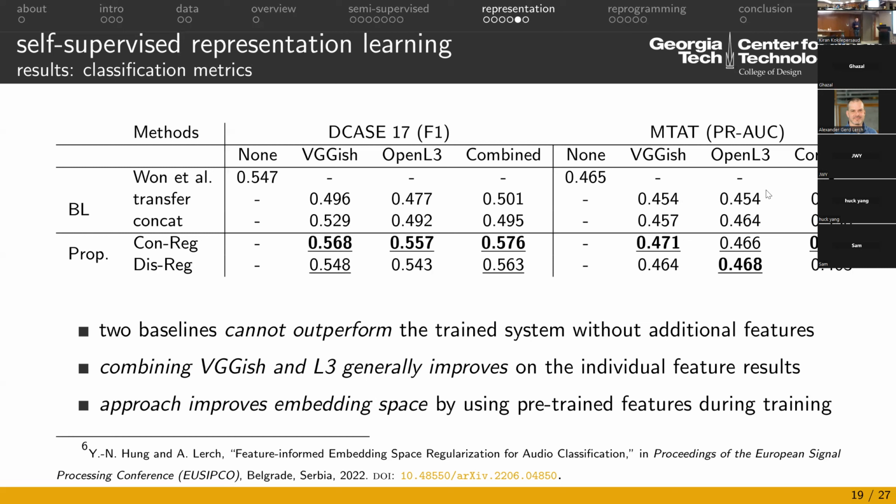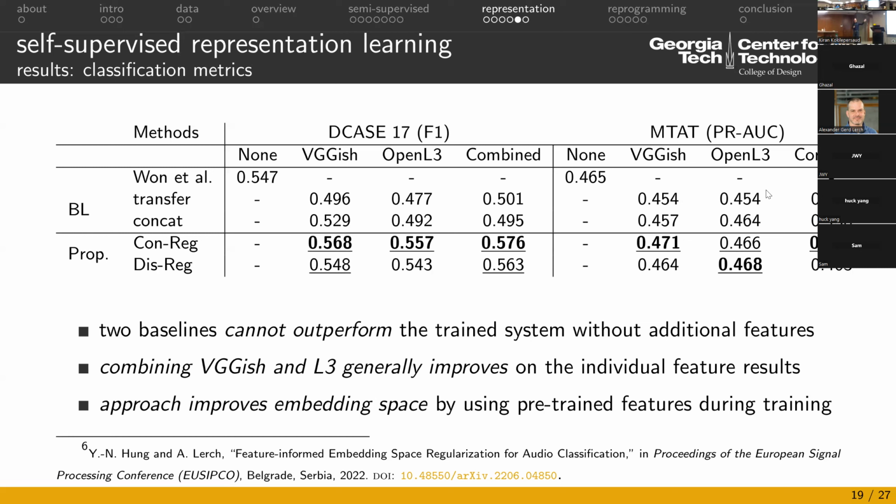So the two baselines cannot outperform the trained systems without additional features. Combining these two external features tends to be better. So obviously they contain some different information in their representation in some way. And we can actually improve the representation in the embedding space by doing this extra regularization.